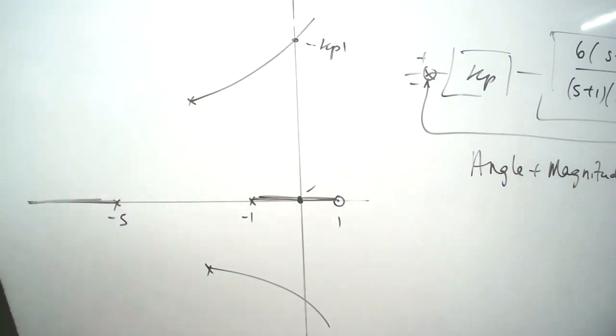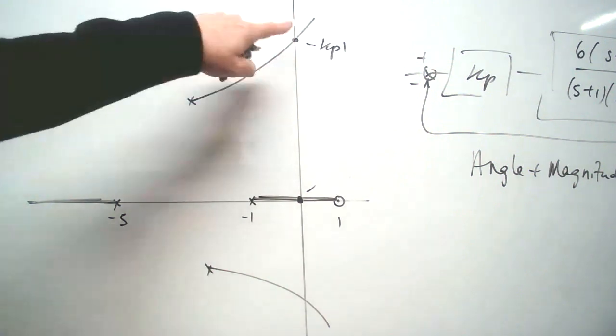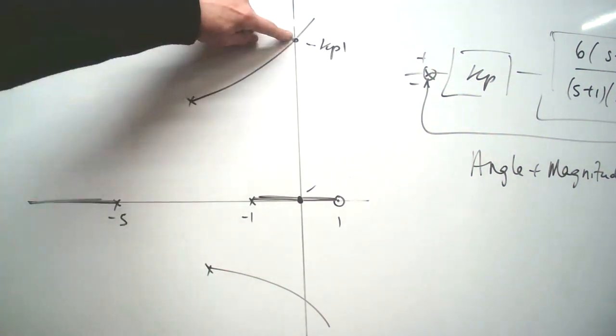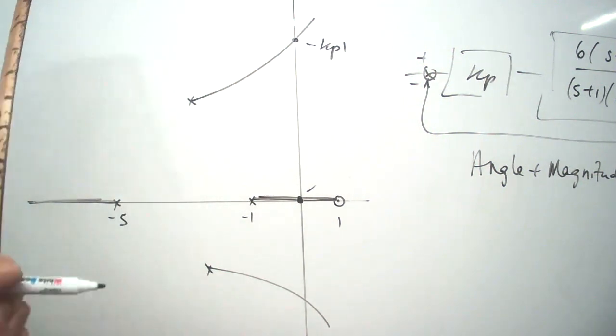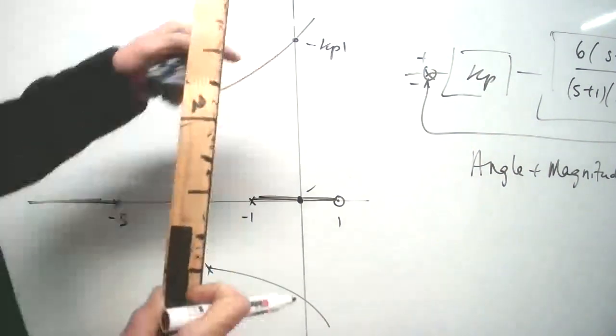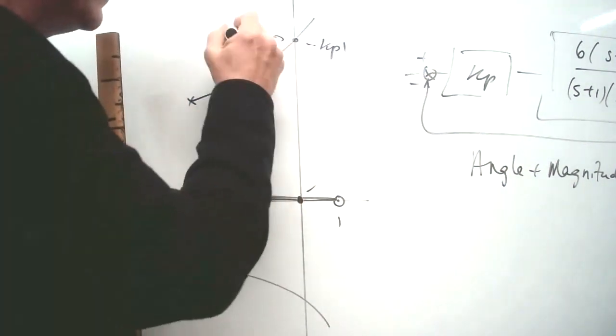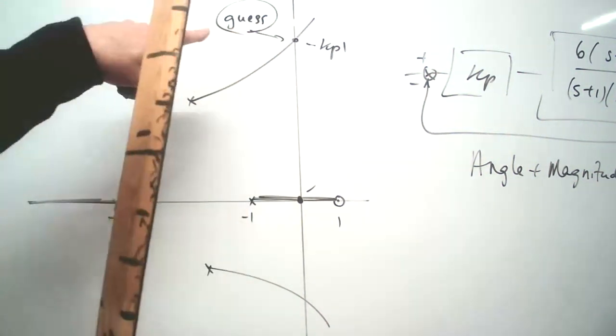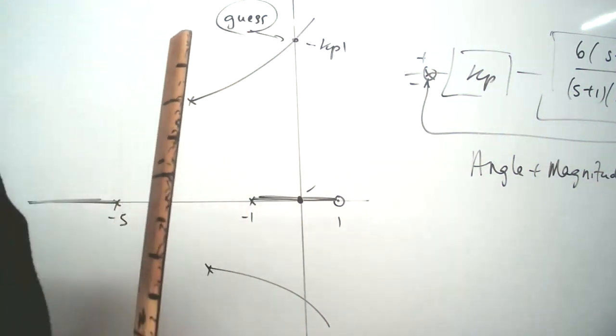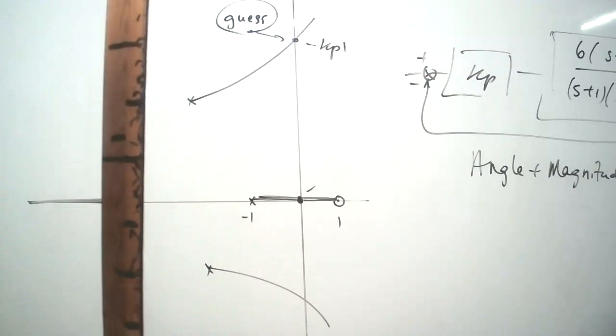So we guess a point, and then what we do, having guessed the point, is draw straight lines from that point to all the poles and zeros. So I get my little ruler now. This is where you guess. This is a guess now. Unfortunately, it's a guess. But as I say, if you've got MATLAB at hand, it minimises the guess because you can guess it right first time.